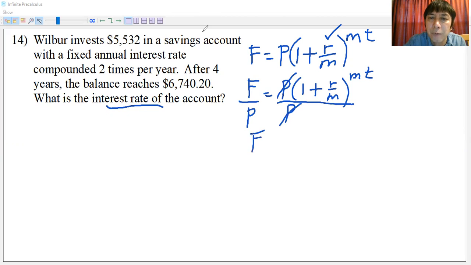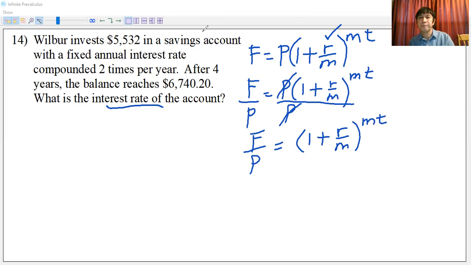And we have F over P is equal to 1 plus R over M, raised to the power MT. So the R is right there inside the parentheses. If we just raise to the power 1 over MT, then we will be able to extinguish the MT here.